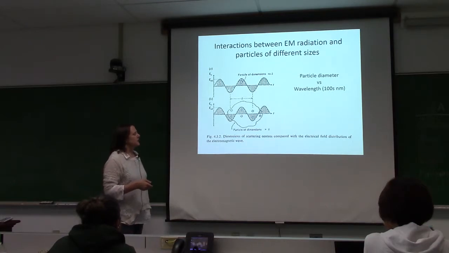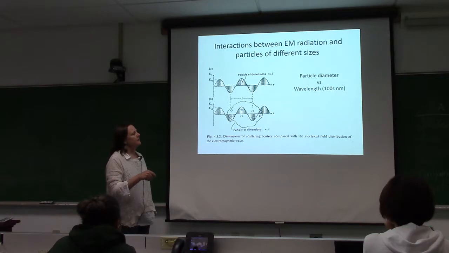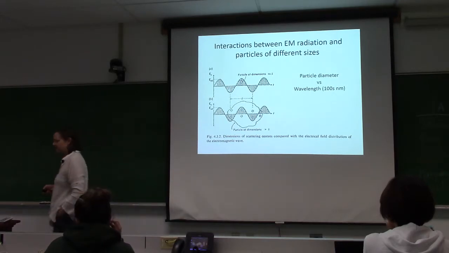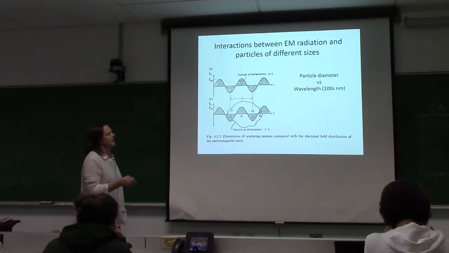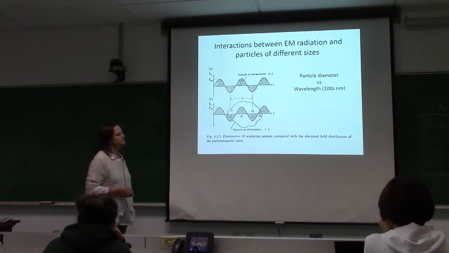So when Emmanuel talks about Mie theory and Mie modeling, you're going to have to think particularly about the size of the particle in terms of its diameter and the wavelength of light, which is on the order of hundreds of nanometers, because different things happen to this oscillation as you span the relative diameter to wavelength.